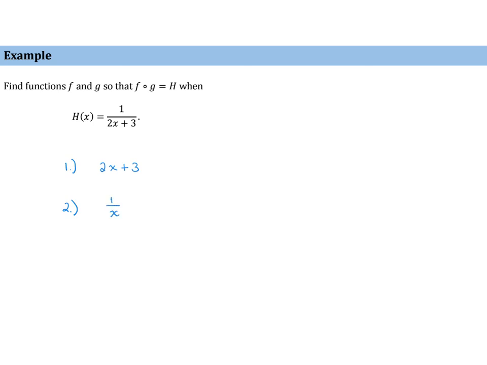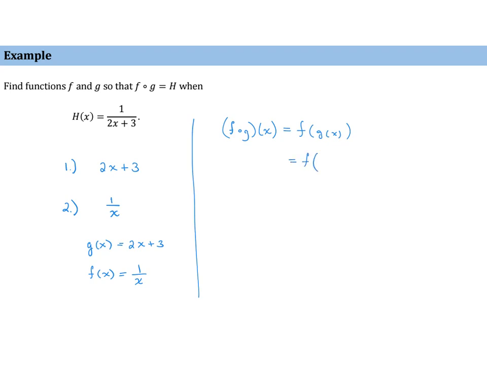So now, that means that g of x is going to be 2x plus 3, and then f of x would say, find the reciprocal of that input. So let's look at just checking that out. f composed with g would be f of g of x.